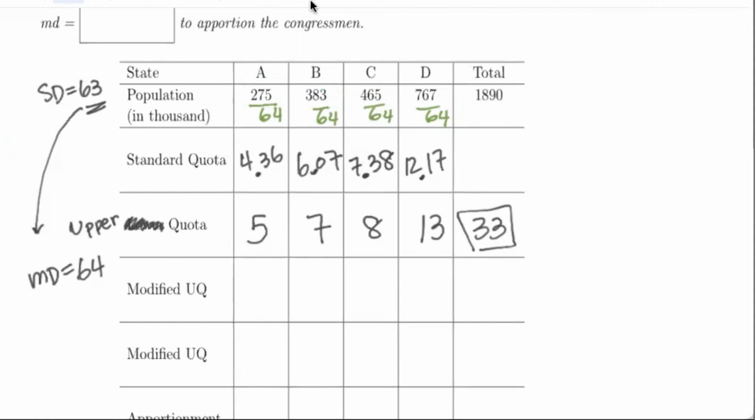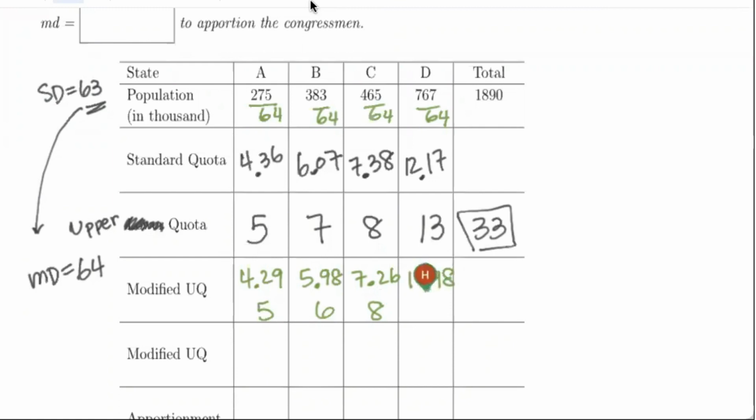4.29, so it's a 5. 383 over 64 is 5.98, so this is 6. 465 over 64 is 7.26, which is 8. 767 over 64, I have 11.98.